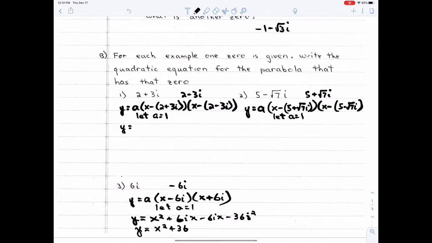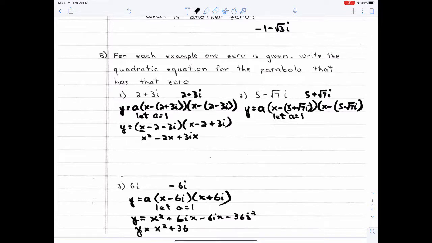So what I'm going to do is distribute the negative, and we have X minus 2 minus 3i, and X minus 2 plus 3i. Okay? And now it's just the distributive property. It's long and tedious, but that's all it is. So I'm going to distribute the X first. So you get X squared minus 2X plus 3iX.